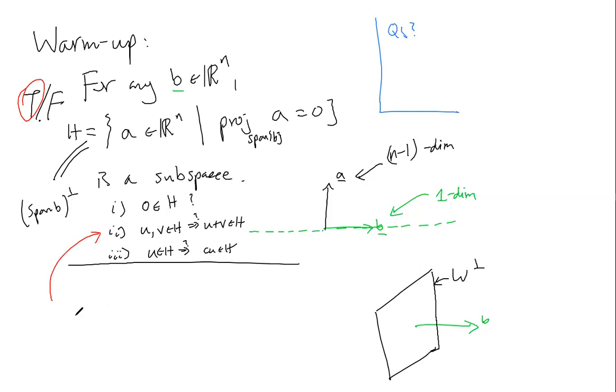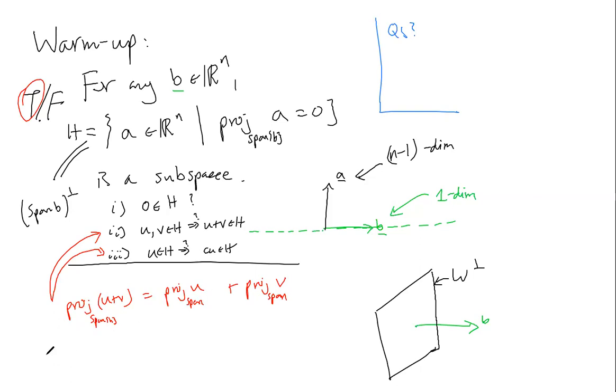Both of these are true just because the projection is a linear transformation. So what I mean by that is the projection of U plus V onto a space, I'll just do this one for now, is equal to the projection of U plus the projection of V, just because dot products are linear.